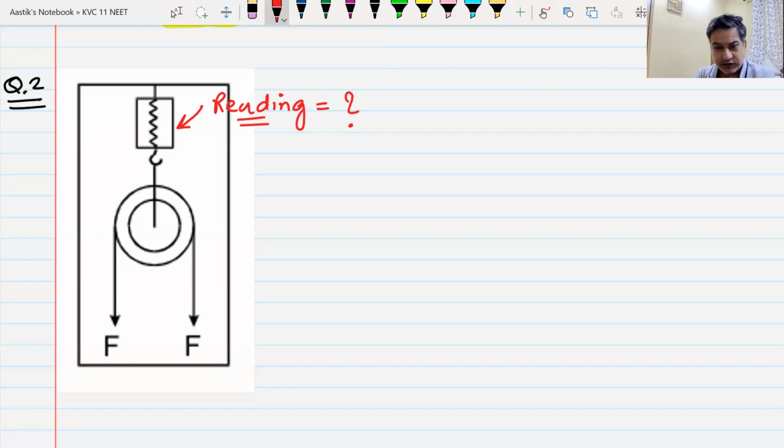Do not waste your time in drawing the diagram. Spend your time in understanding the question and answering it. Do not waste your time drawing the question exactly the way it is drawn. Just draw a rough diagram and give the answer. That is more important than writing the question.